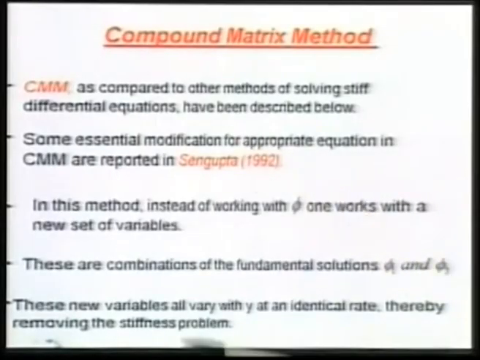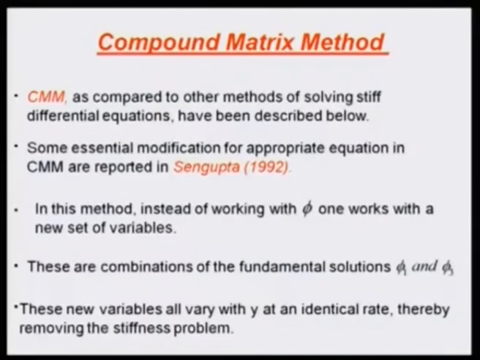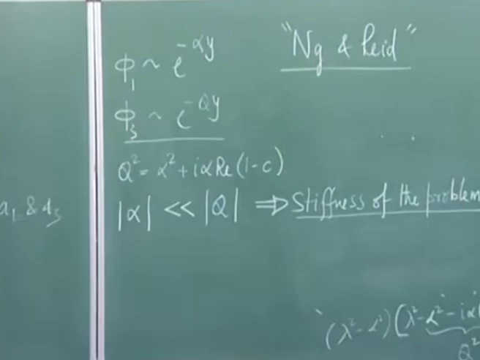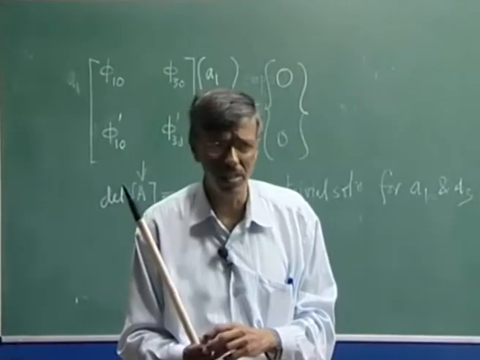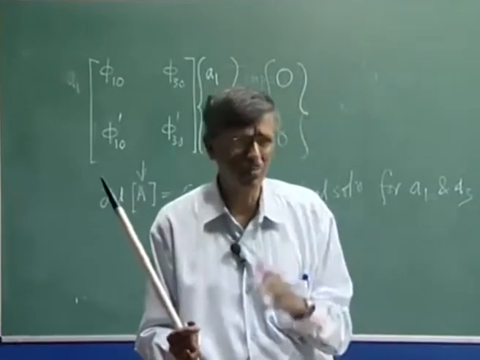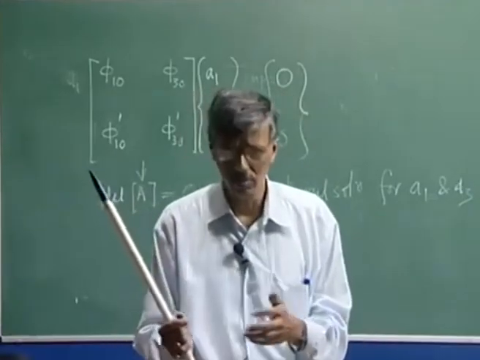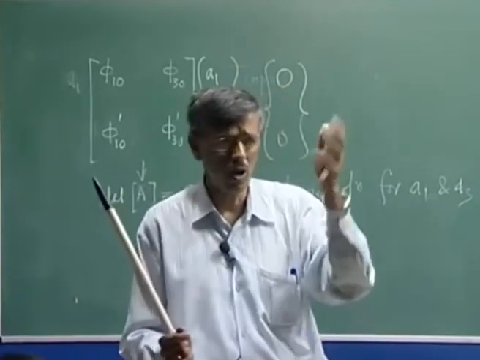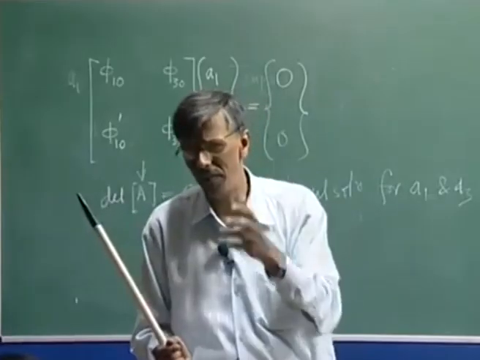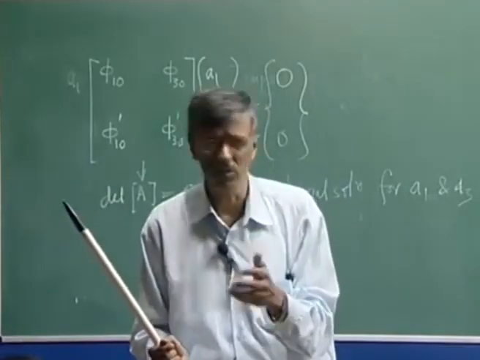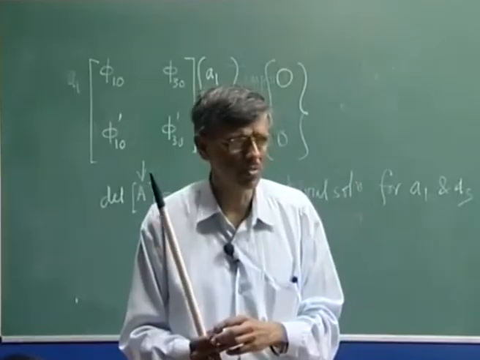We have done some of this. I will tell you what this is. What we do actually, we see that phi 1 and phi 3 grow or decay at dissimilar rates. So, instead of working with the phi's, we work with a combination of phi 1 and phi 3, such that in that particular variable set, all of the components vary with the same rate, so that we do not have the stiffness.